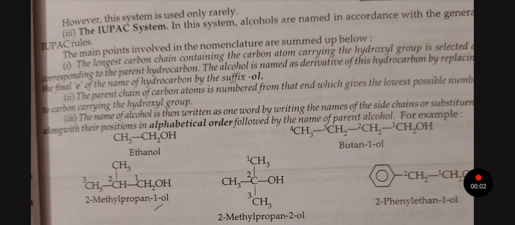The carbon atoms are numbered from that end which gives the lowest possible number to the carbon carrying the hydroxyl group. The name of the alcohol is then written as one word by writing the names of the side chains or substituents along with their positions in alphabetic order, followed by the name of the parent alcohol. For example, ethanol, 2-methylpropan-1-ol, 2-methylpropan-2-ol, butan-1-ol.